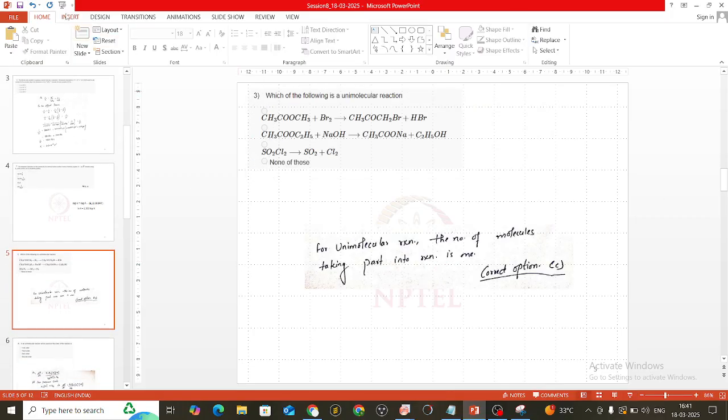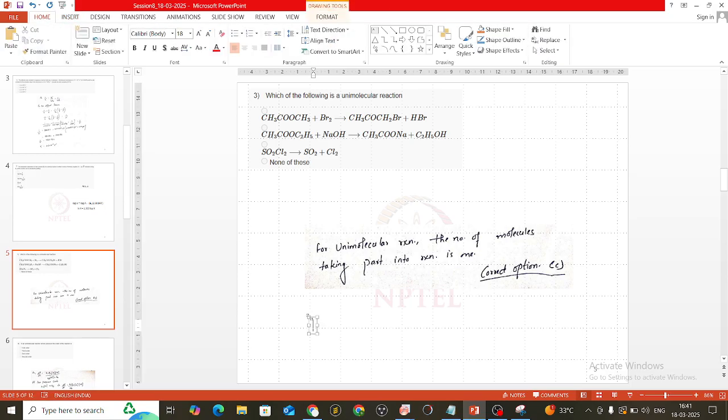So if you just make a normal schematic to this, A plus A is giving you A star, right? And that A star is going to product.